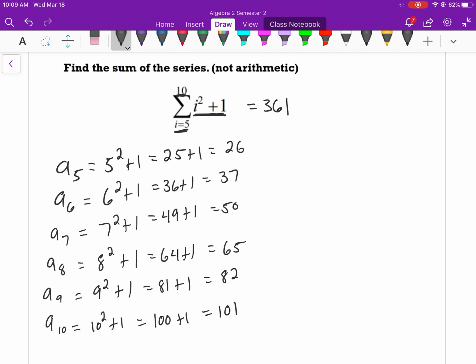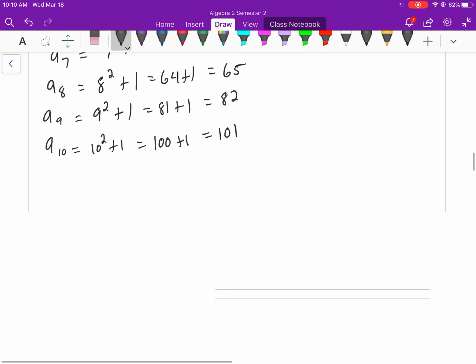So again, since it is a series, it's just adding those terms up. In this case, we had to add A5 through A10, so you have to find those terms, just plugging the 5, 6, 7, 8, 9, and 10 into the general rule, getting those terms, and adding them up.